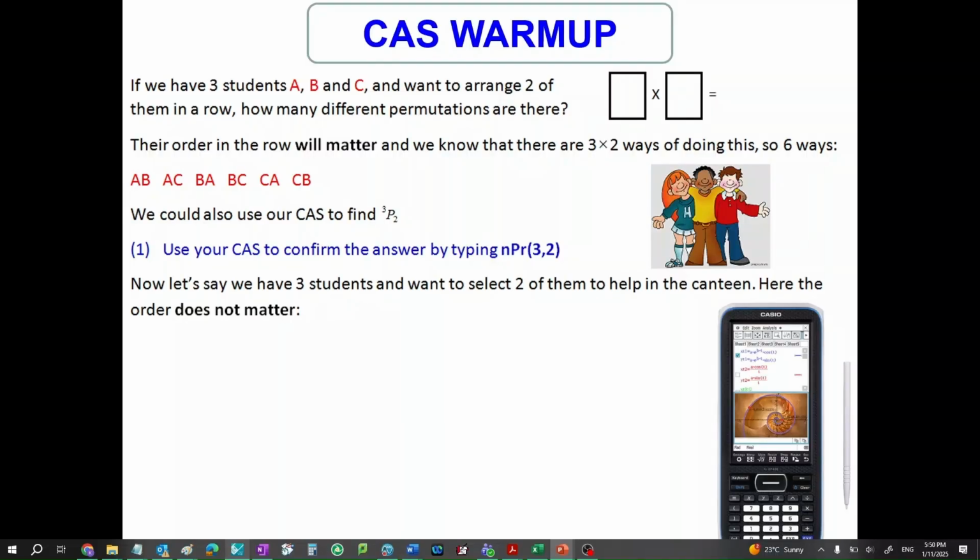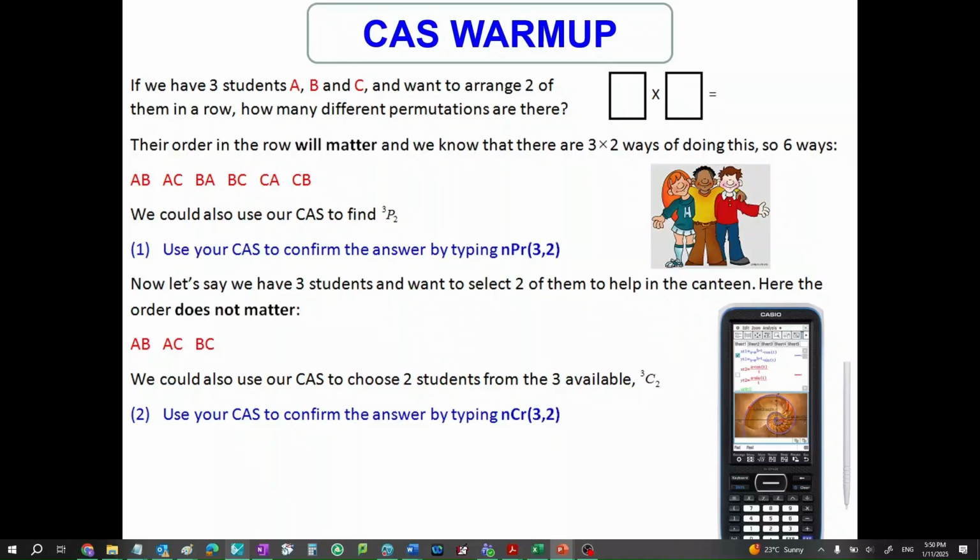Now let's say we have 3 students and we want to select 2 of them to help in the canteen. In this case, the order doesn't matter, because if we choose A and then B, or if we choose B and then A, the result is the same. We're going to have 2 people to help in the canteen. Here are the possibilities. We can choose A and B, A and C, or B and C. In our CAS, we're going to write this as 3 choose 2.